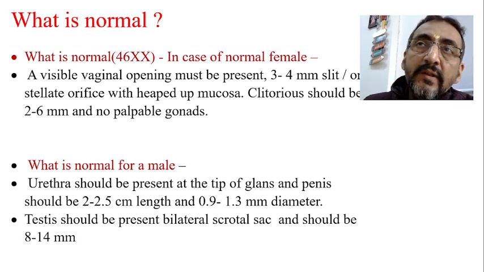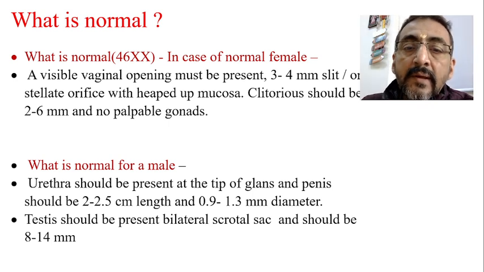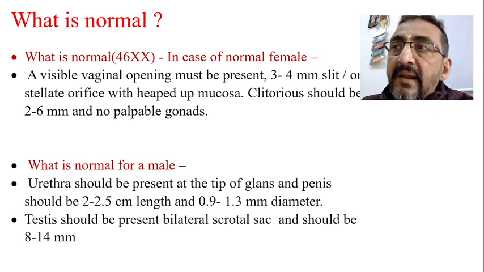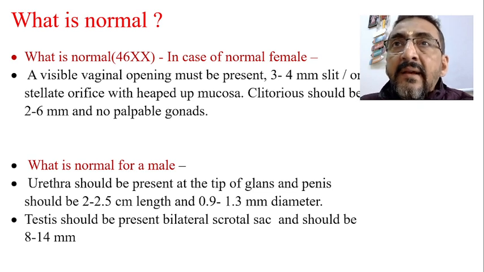What is normal for the male? In the male, the urethra should be present at the tip of the glans, and the penis should be 2 to 2.5 centimeters in length. This is very important, because anything less than 2 centimeters in the erect position is considered a micropenis.